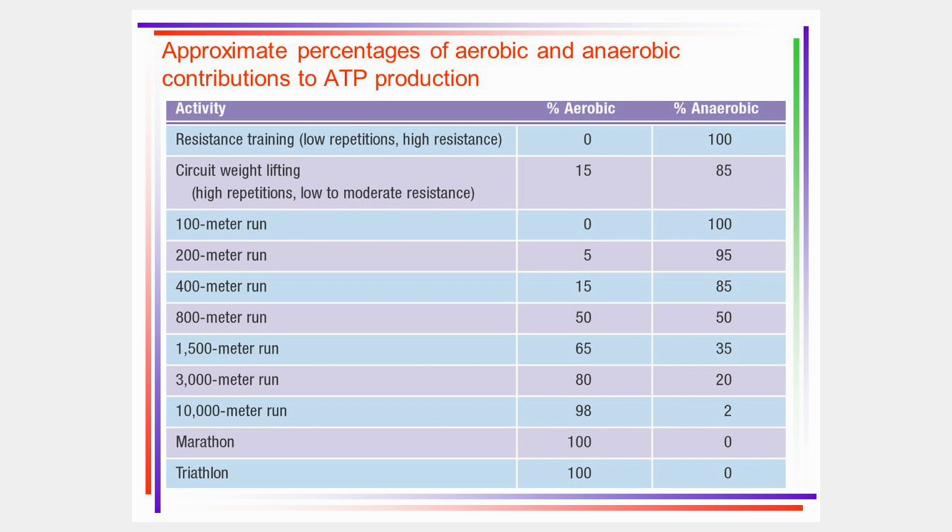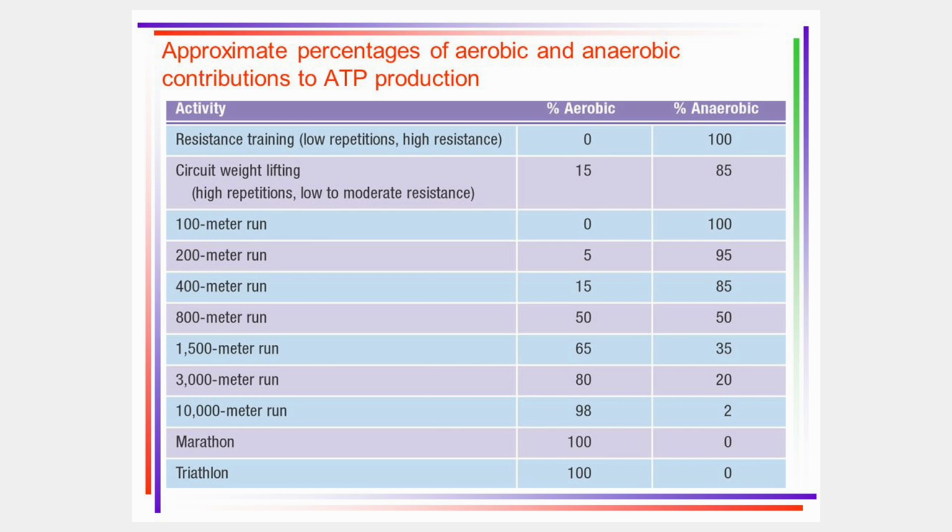Now let's jump all the way to the bottom. We see a marathon runner. We know, aerobically speaking, they're primarily going to be using 100% aerobic performance because it's 26 miles. They have to last a really long time. There can be an argument that a marathon runner can have a little bit of anaerobic work in there.